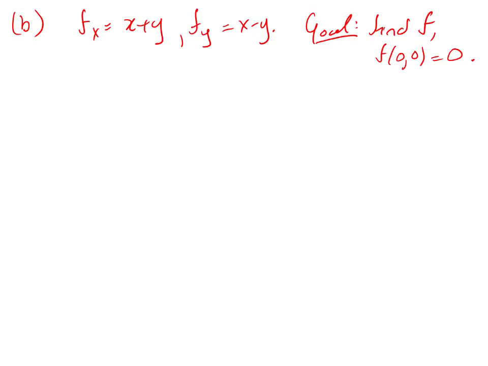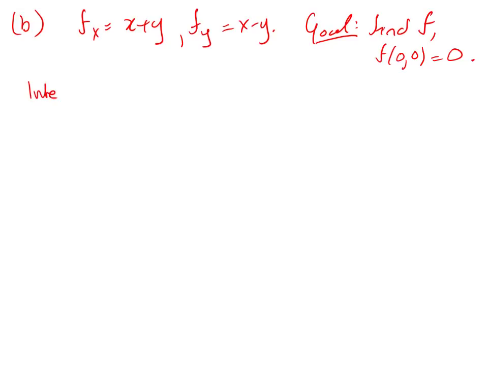We've done this in the context of finding a potential given a conservative vector field, but it's the same thing. You have a hidden function f, and you know its partial derivatives, and you want to find f. So the technique is again partial integration. Integrate with respect to x first, and then with respect to y, or whichever order you want. But let's just do x first.